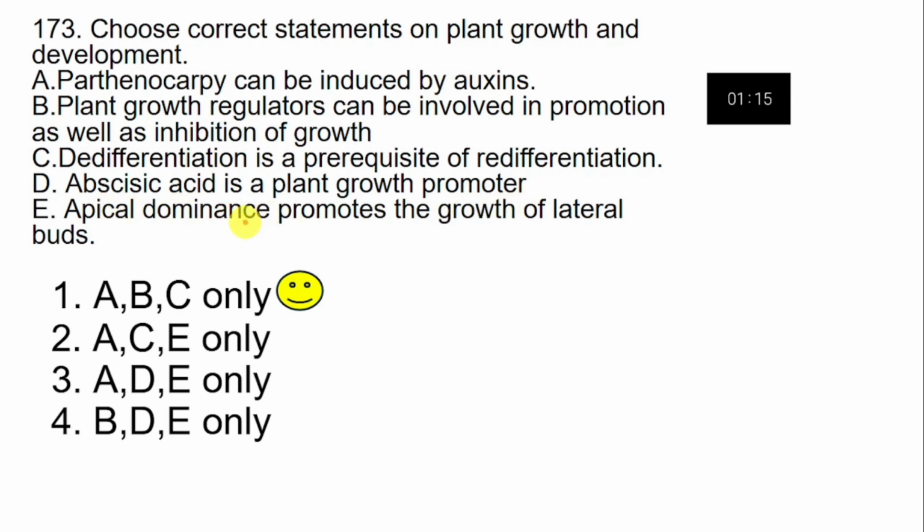No, abscisic acid leads to inhibition. Apical dominance promotes the growth of lateral buds. The statement is contradicting itself. Apical dominance itself indicates that the tip will dominate. It will not allow the growth of lateral buds. So E is also definitely wrong. A, B, C are the only correct options.